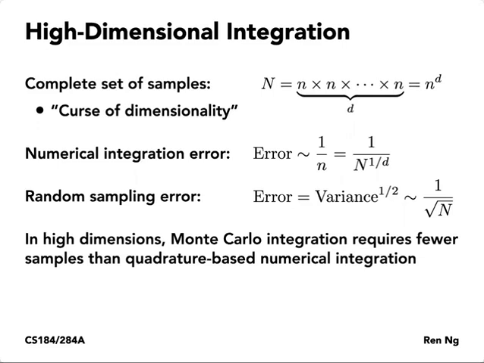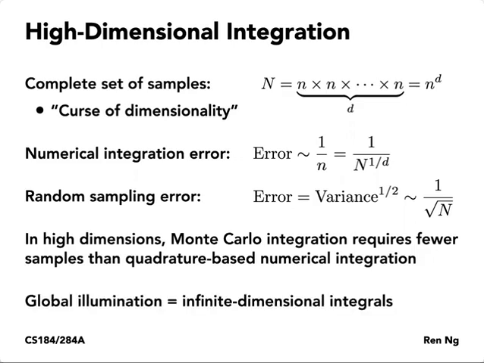And this is compared to quadrature-based numerical integration, which you can think of as uniform, regular, exhaustive grid-based sampling of the integration domain. I showed you 2D, 3D, and 5D examples, but in the next lecture we're going to look at global illumination in all its full complexity and glory and find that it actually entails infinite dimensional integrals. We're going to derive that together and see why it emerges that way.